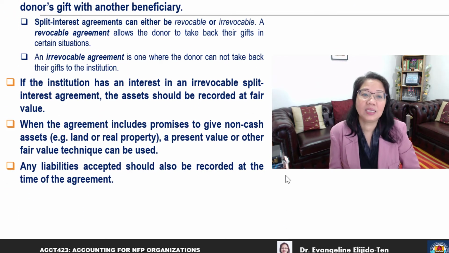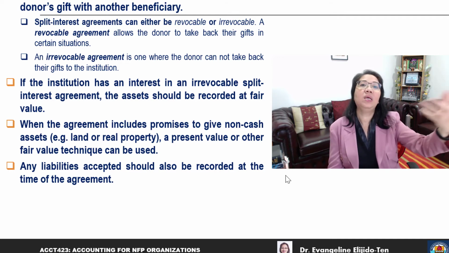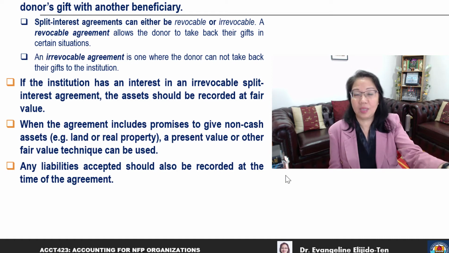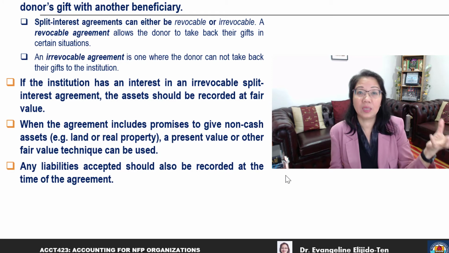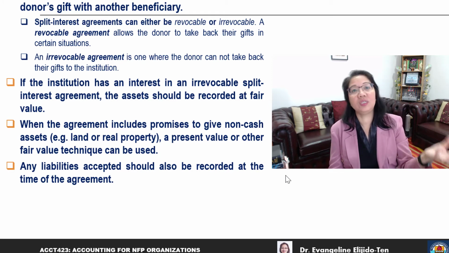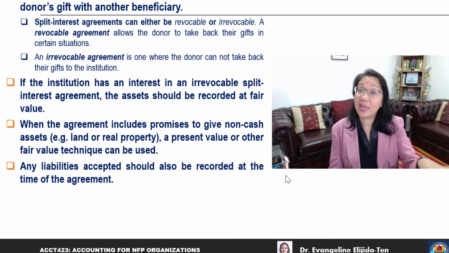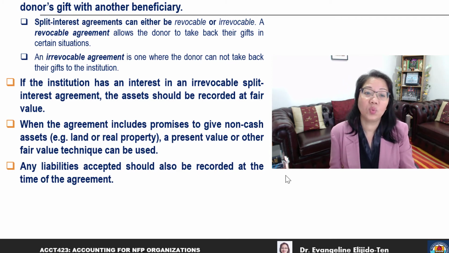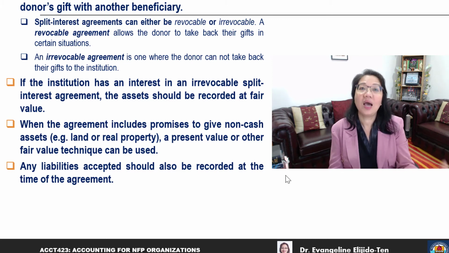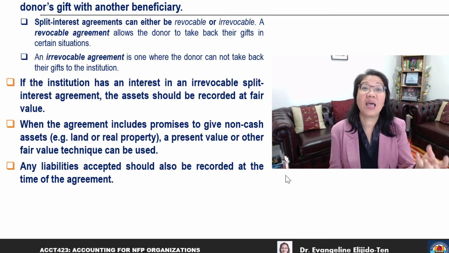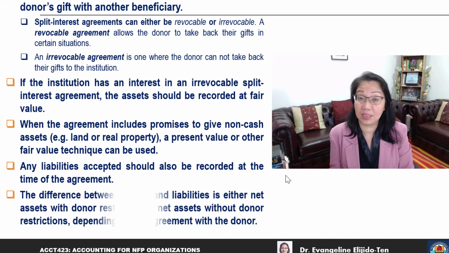Any liabilities accepted should also be recorded at the time of the agreement. So if I am, for example, bequeathing a building to the university, but the building still has some mortgage with it, and the university takes over the liability or the mortgage for that building, then the asset will have to be recorded at the time of the agreement as well as the liabilities.